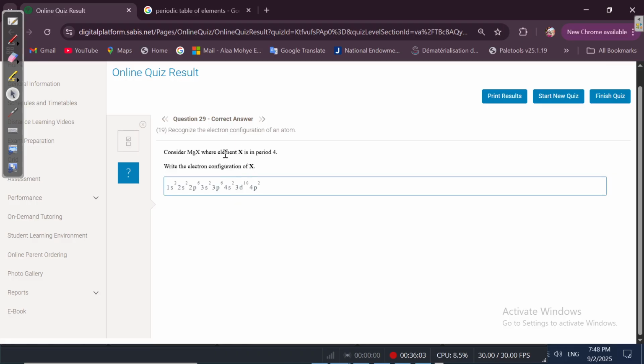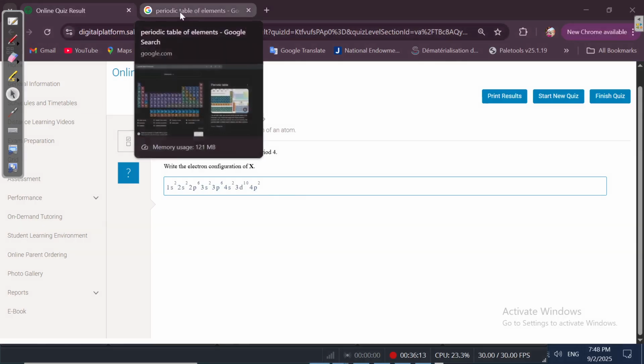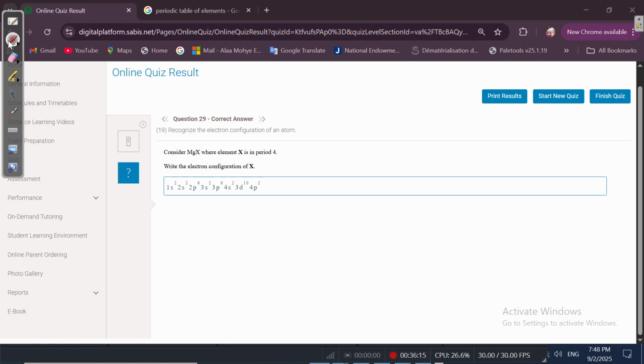Really nice question. Consider MgX where element X is in period 4. Write the electronic configuration of X. Okay. Period 4. Let's go. But first, you need to have some logic of it. Mg is Mg2+. And the X we don't know. It's some charge.